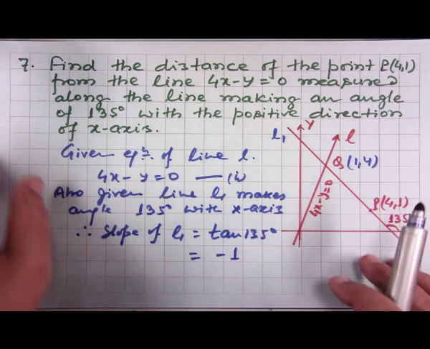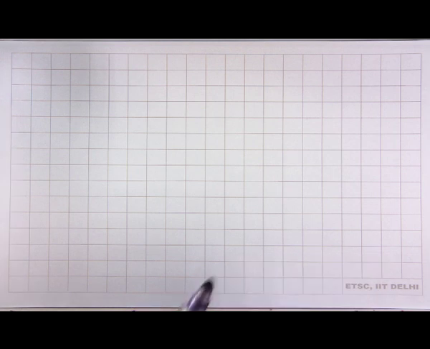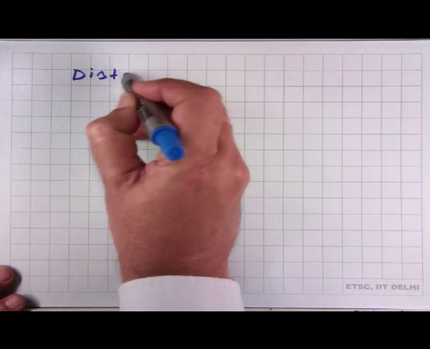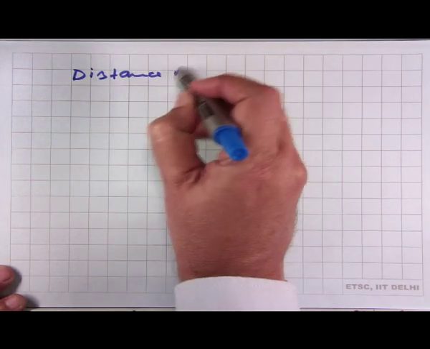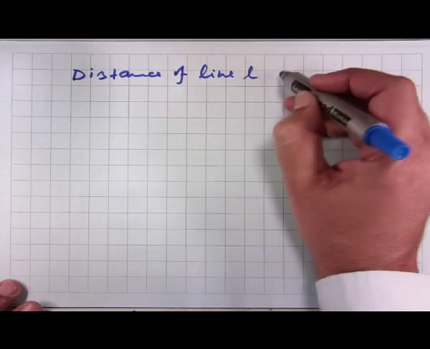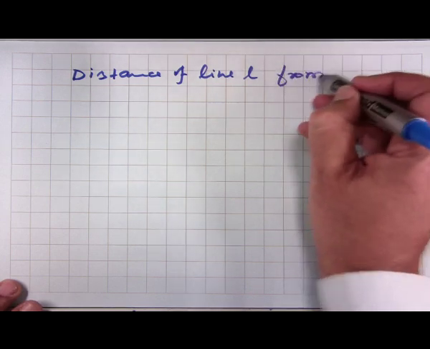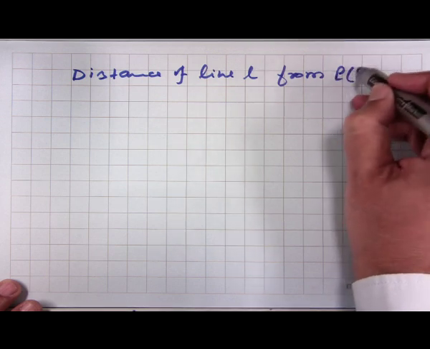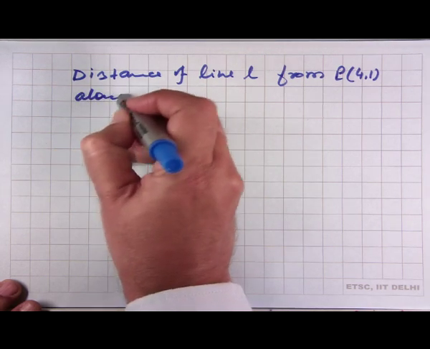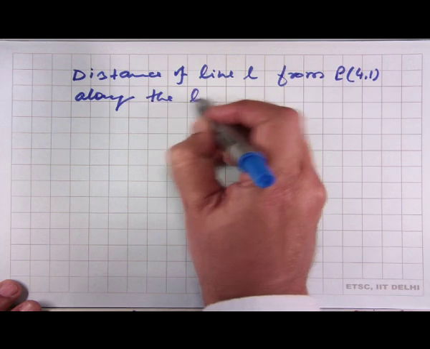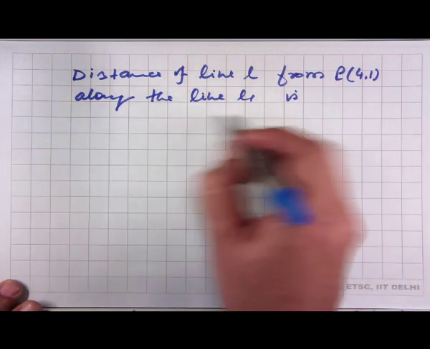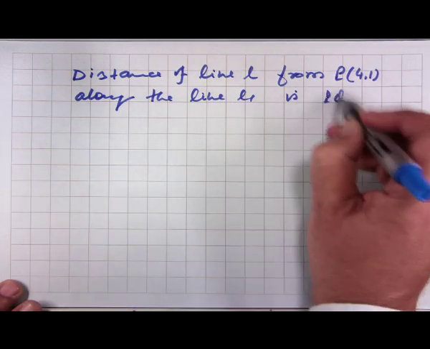So we just find the distance between P and Q. The distance of line L from P(4, 1) along the line L1 is PQ.